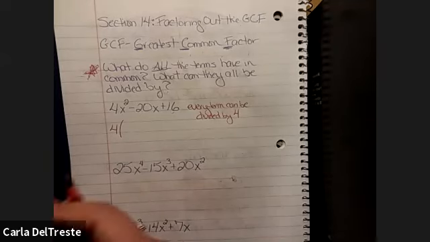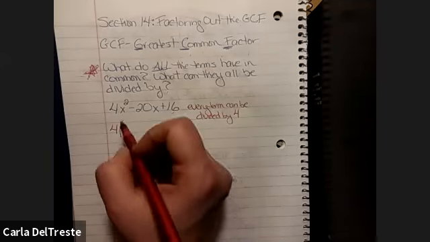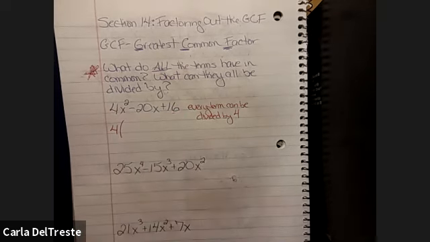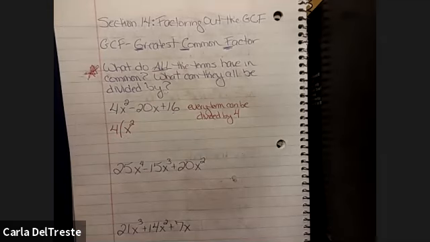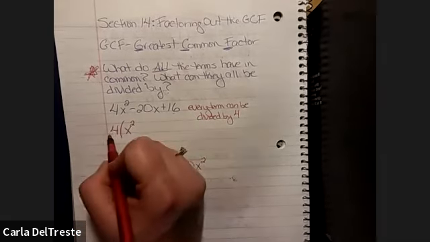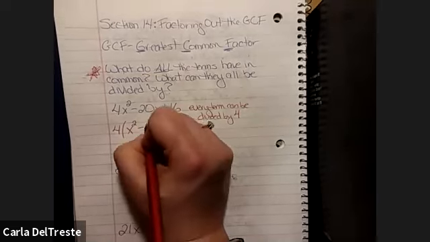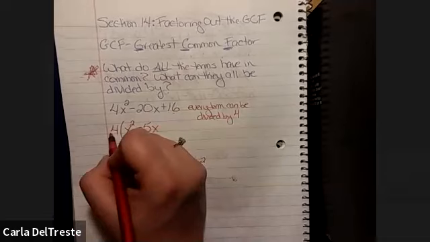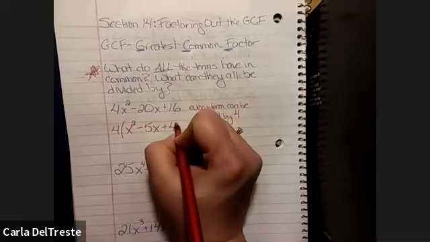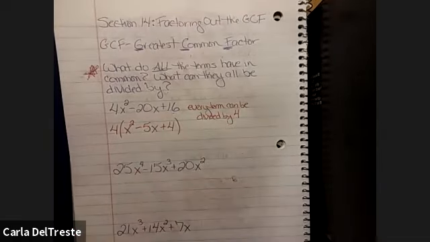Inside the parentheses, you're going to write what's left. So when I divide 4x squared by 4, I just have x squared left. When I divide negative 20x by 4, I have negative 5x left. When I divide 16 by 4, I have a plus 4 left.